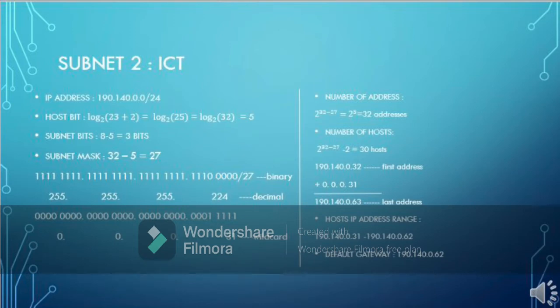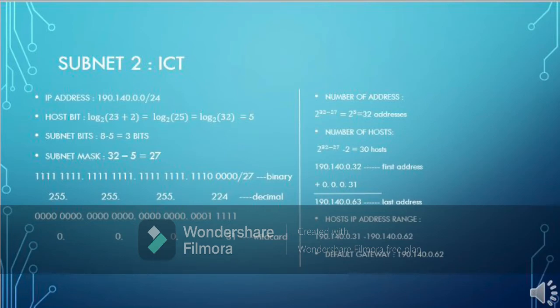Then we convert it into decimals, and we get 0.0.0.31, just like subnet 1. As for the number of addresses, we have 2 power of 32 minus 27, which is the subnet mask, and we get 2 power of 5 equals 32 addresses. Next, for the number of hosts, 2 power of 32 minus 27 minus 2, we get 30 hosts.